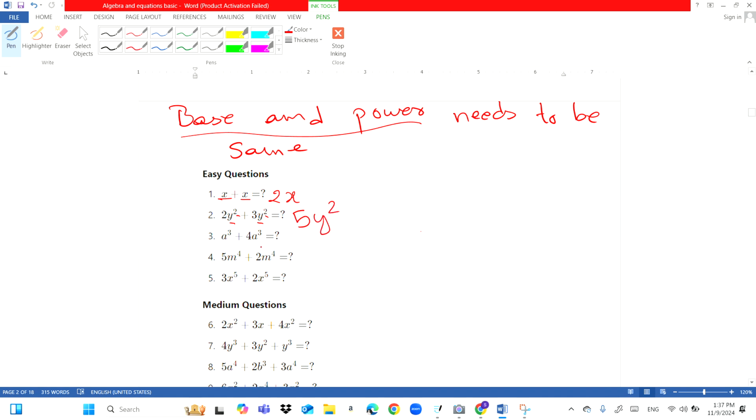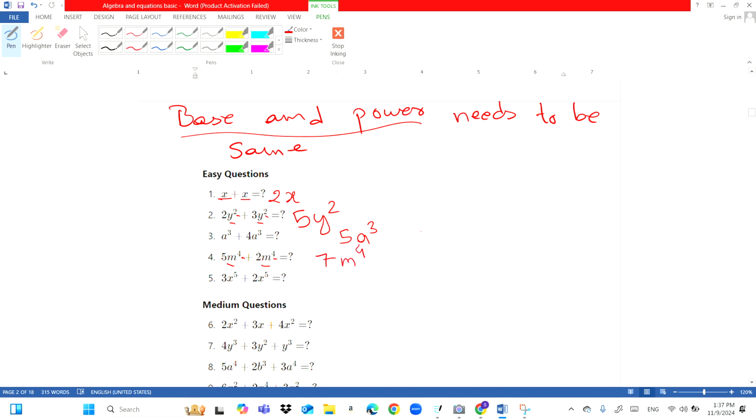In example number 3 as well, we have the same base and the same power, so we're going to have 5a cube. In example number 4 also, we have the same base, m and m. Power is also same, 4 and 4, so 5 plus 2 is going to be 7m power 4.